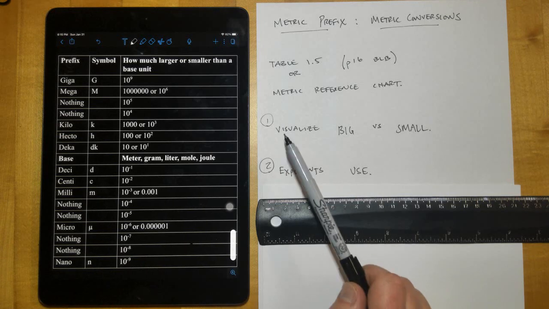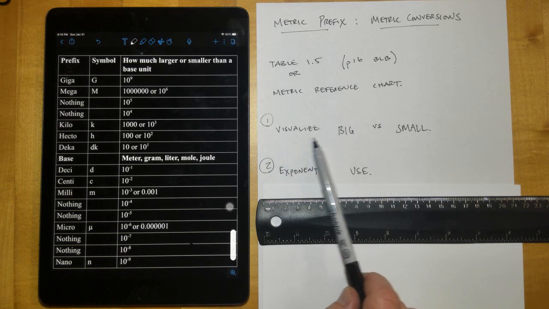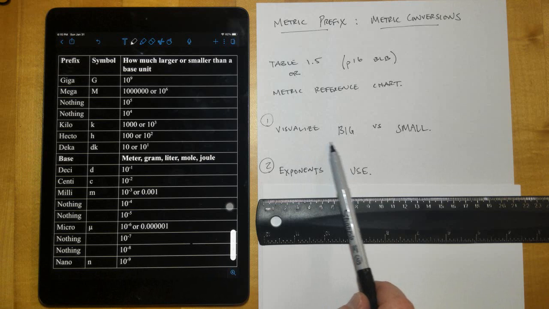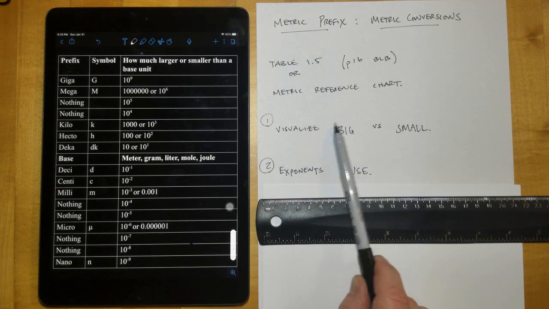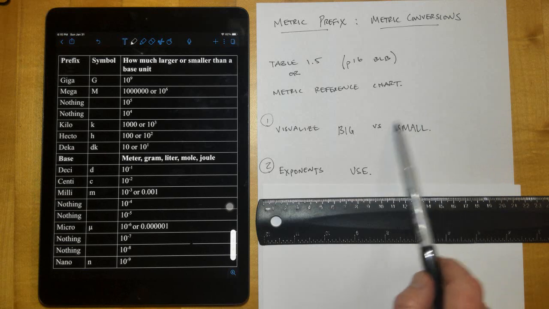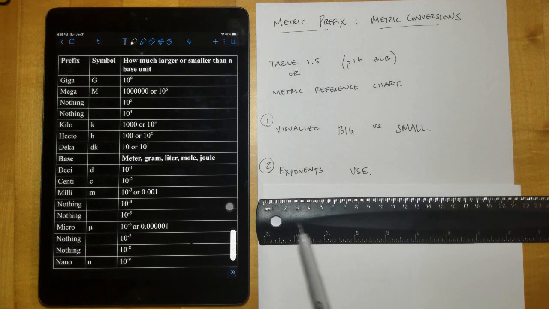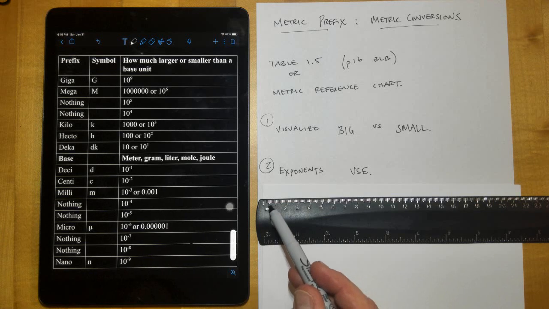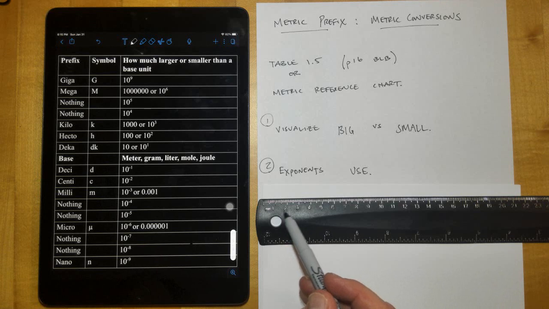Now, once you've found that chart, you need to visualize which units are the big units that take up lots of space if they were distance, and which units are small. I just happen to have a ruler right here because that's one that a lot of people can think through. The smallest increment on this one is a millimeter, and between 1 and 2 there are 10 millimeters.